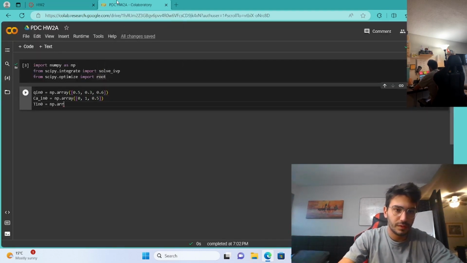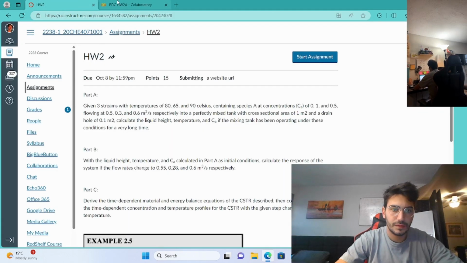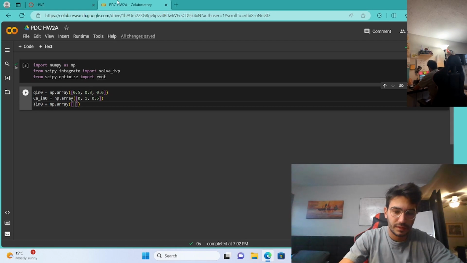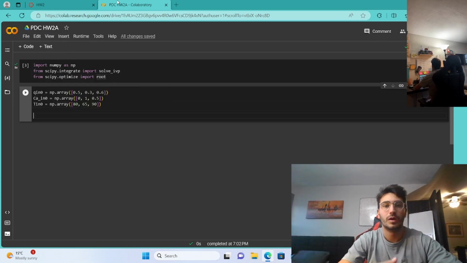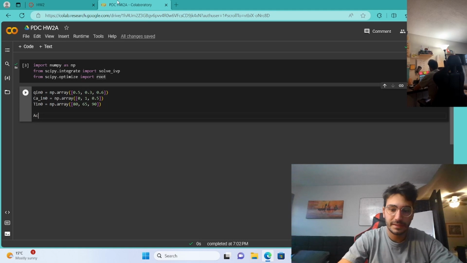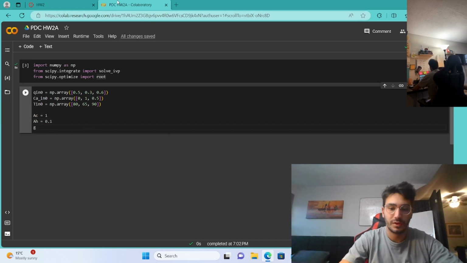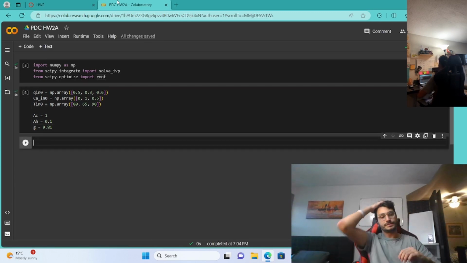And finally, for the temperatures, we are given 80, 65, and 90. That's not all. We also know our cross-sectional area, A_C. We know that's 1 meter squared, as well as our A hole. The hole that's coming out is 0.1 meters squared. Of course, we also know gravity, 9.81 meters per second squared.